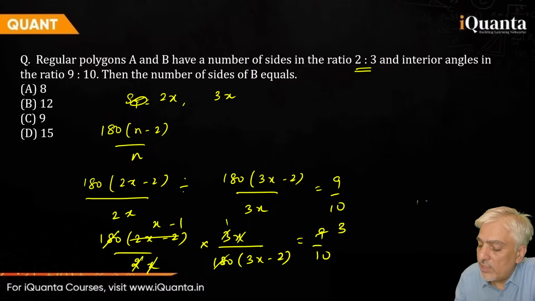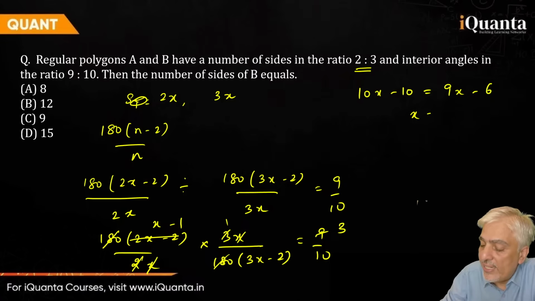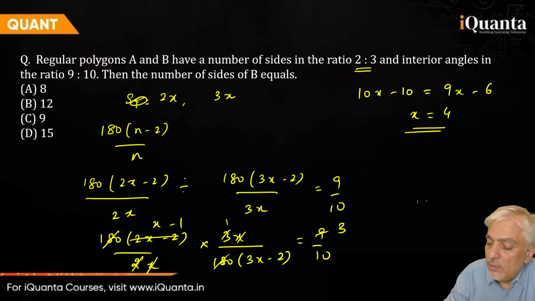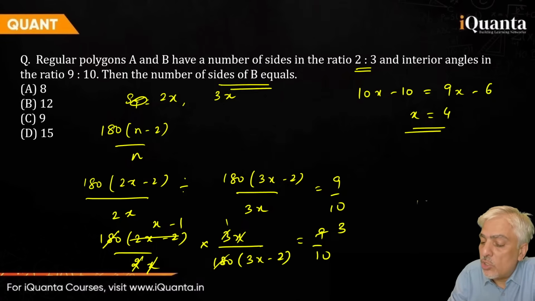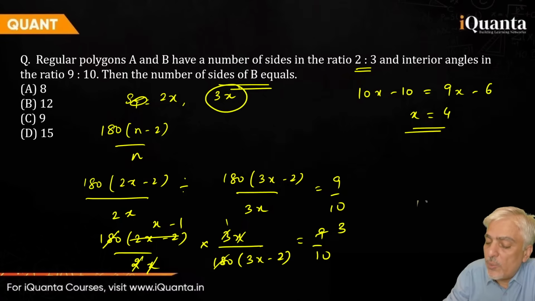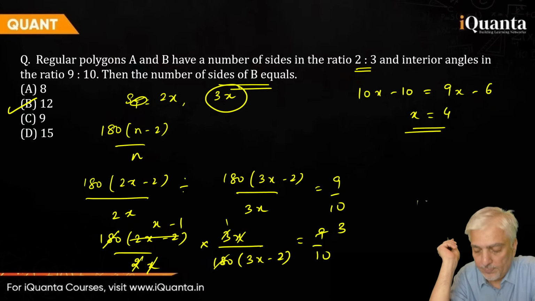Nothing else is cutting. Most of the things have cut out. 10x minus 10 is equal to 9x minus 6. So x is 4. Number of sides of B, B is the second one, so 3 4s are 12. Second option.